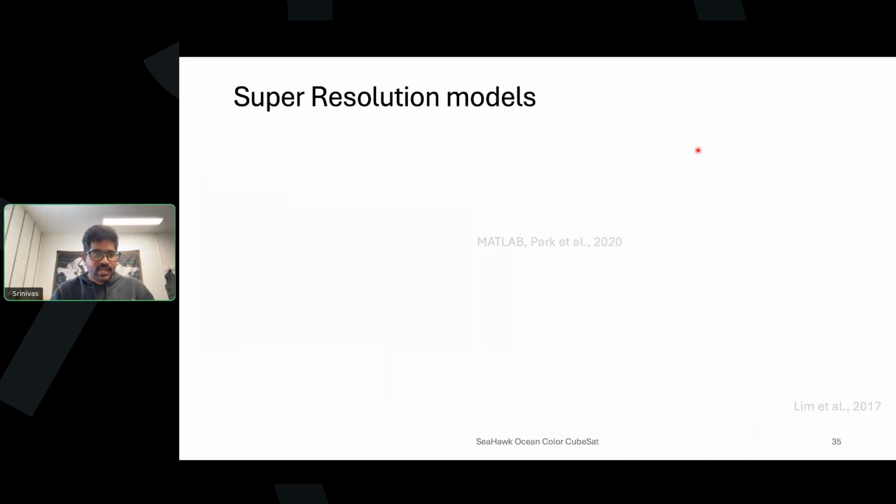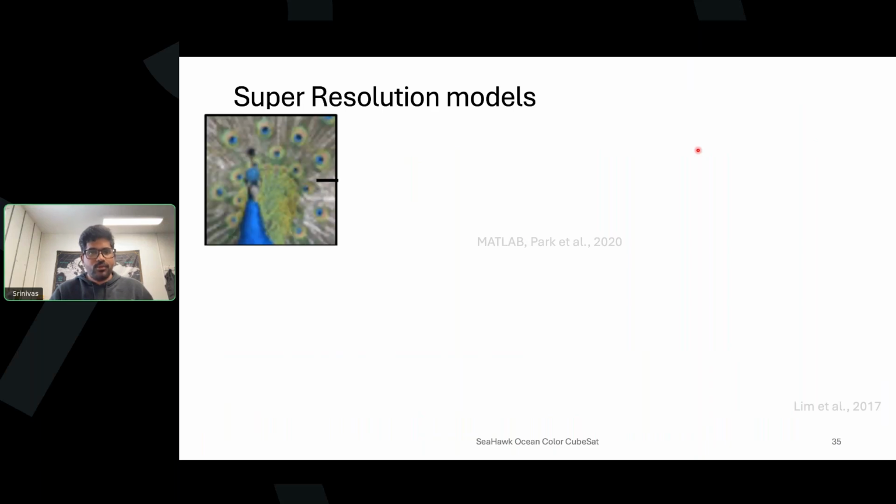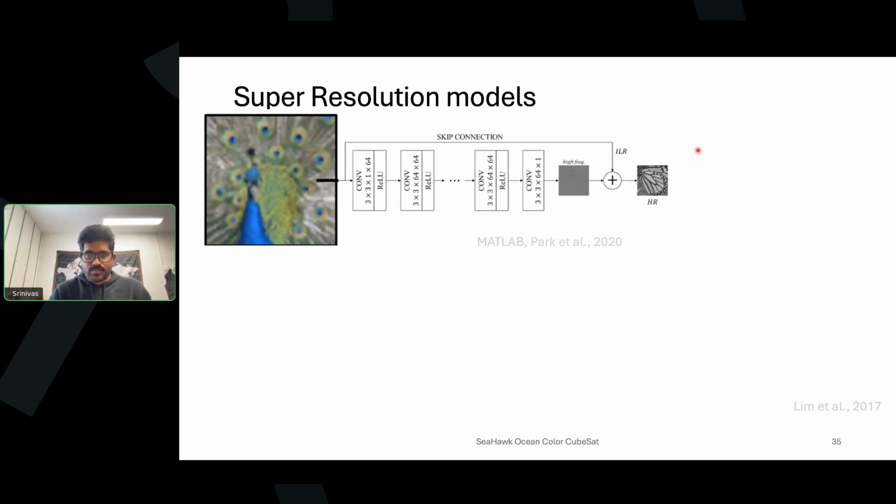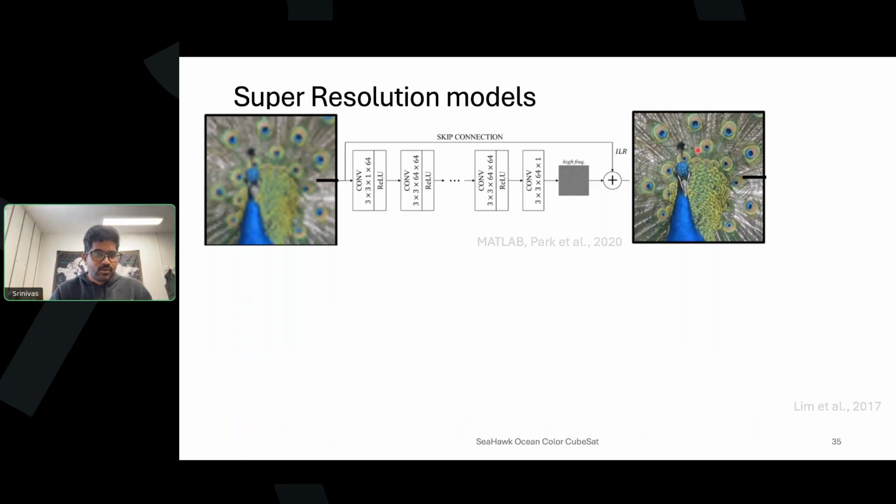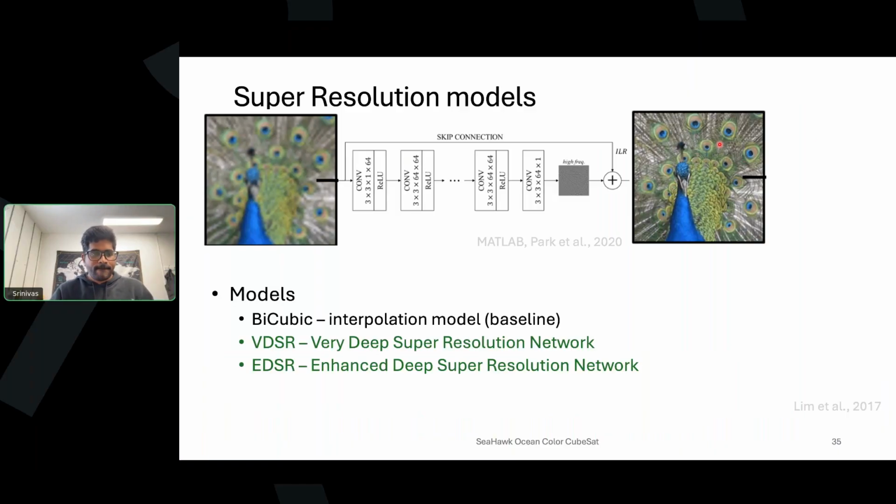Super resolution is an application wherein we transform low resolution data to high spatial resolution data using a deep learning model. This is low or coarse resolution data, whereas on the right is high spatial resolution data. Deep learning is a widely used methodology, and there are a lot of models that can be used to do this. We chose bicubic, which is an interpolation model. This is not a deep learning model, but a standard, statistics based model, as a baseline.